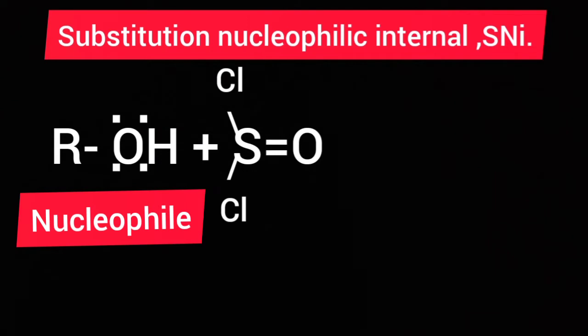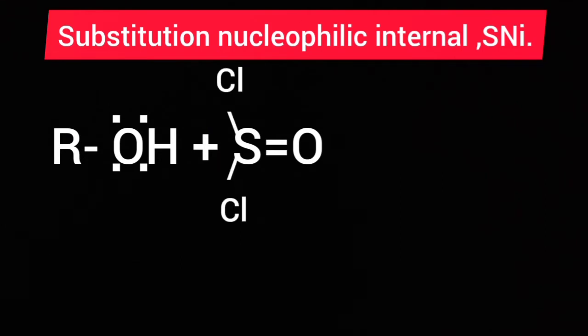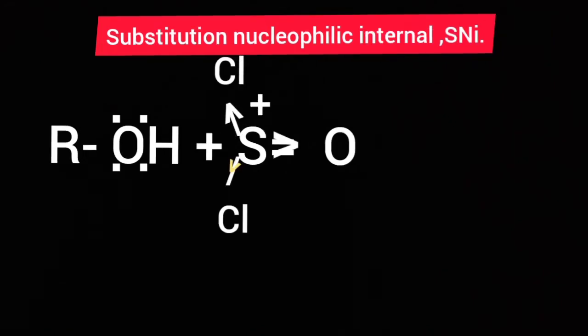SOCl2 has a sulfur atom at the center, bonded to 2 chlorine and 1 oxygen atom on 3 different sides. As oxygen and chlorine are electronegative, the sulfur at the center is electron deficient and carries a partial positive charge. Oxygen and chlorine atoms try to withdraw electrons from sulfur.